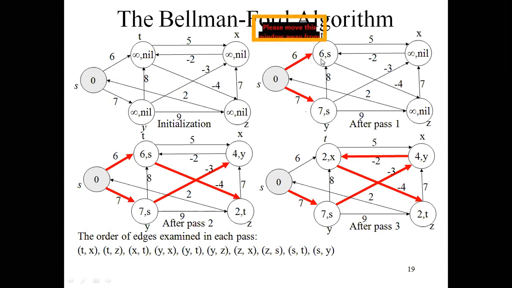So we can take 6 at vertex T. From s to y, the weight is 7. 7 plus 0 is less than infinity, so you can take 7 here.